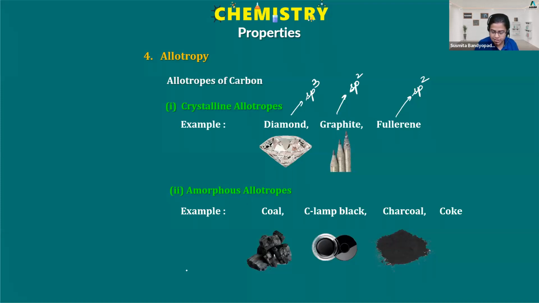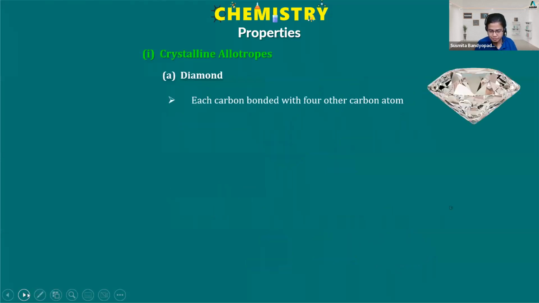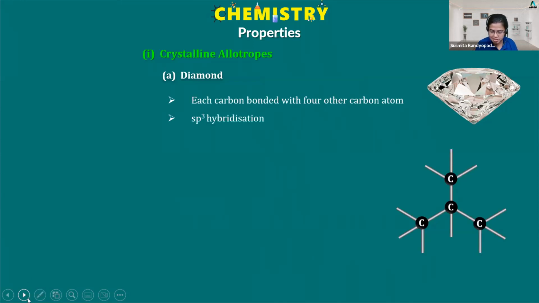By the way, the amorphous allotropes are coal, carbon in the form of lampblack, charcoal, coke. Diamond: each carbon is bonded with four other carbon atoms by means of sigma bonds, very strong, no free electron. Definitely, you can see 1, 2, 3, 4.